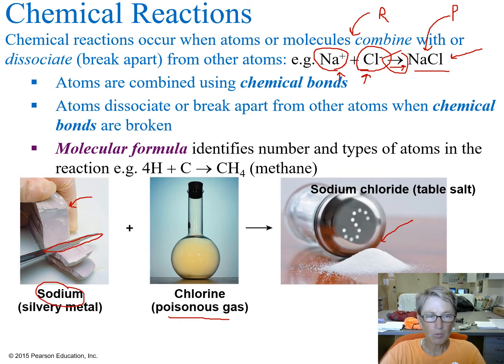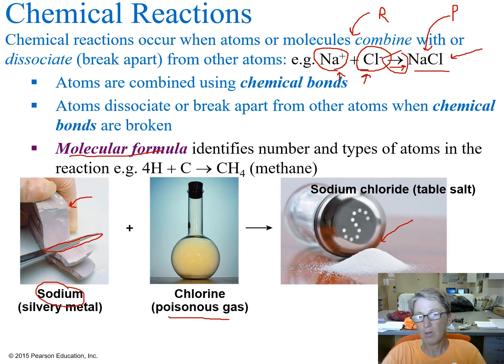So some terms, molecular formula. The molecular formula identifies the number and types of atoms in the reaction. A molecular formula, or we also call it a chemical reaction, can be both. In the molecular formula that we looked at, you don't see a 1 in front of the sodium, but if there's no number in front of your atom, that means a 1 is there.